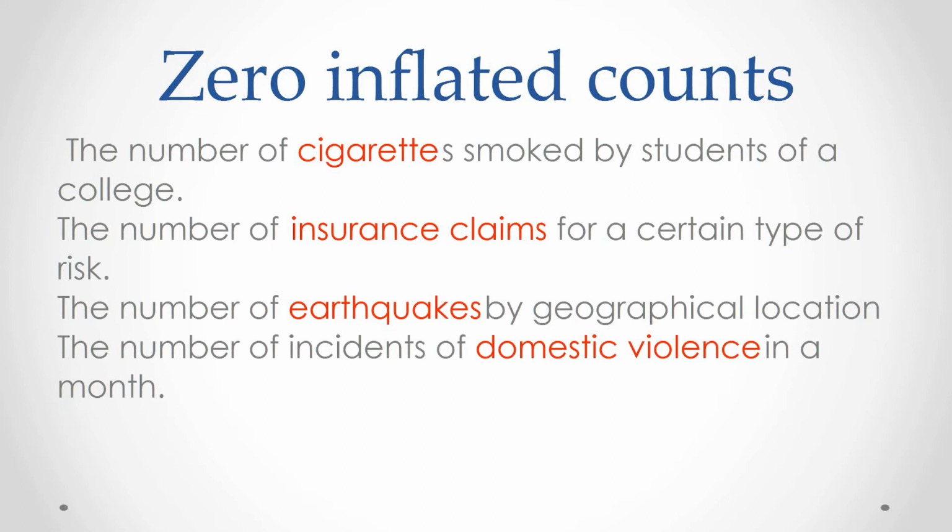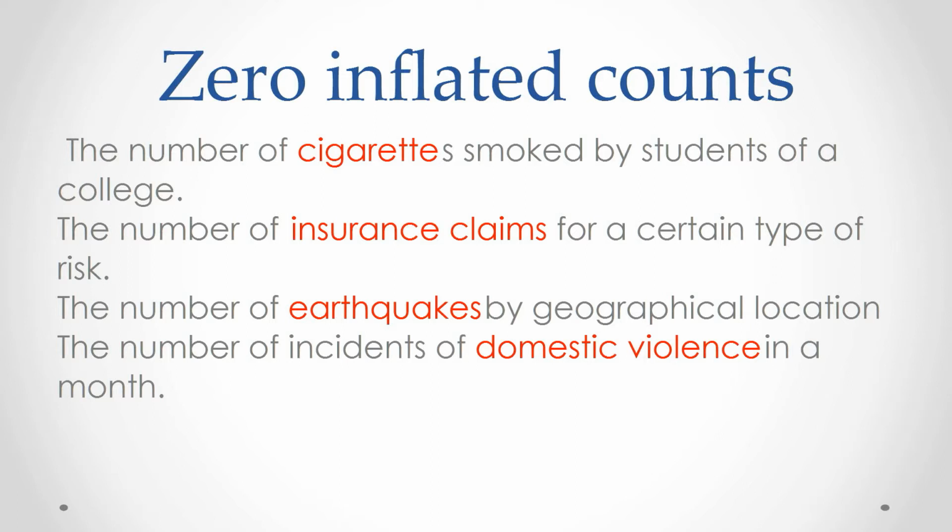We have considered several examples of counts in previous modules. Let us consider some more examples. Firstly, the number of cigarettes smoked by students of a college, the number of insurance claims for a certain type of risk, the number of earthquakes by geographical location, and the number of incidents of domestic violence in a household in a particular month.